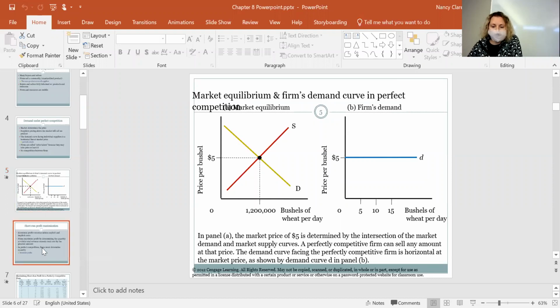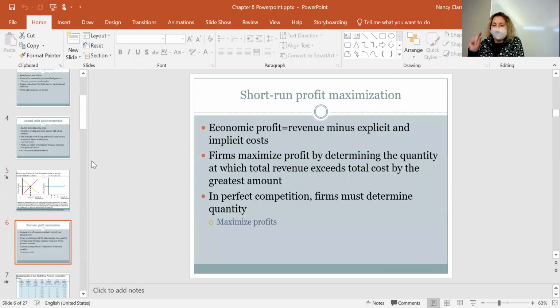All right, so let's switch gears and start talking about profit maximization really for the first time in this class. But we won't stop talking about it for weeks. Economic profit, you already know the definition. We talked about it in chapter 7, but economic profit is revenue, or the money coming in, minus both your explicit and your implicit costs, so both those accounting costs and those opportunity costs.